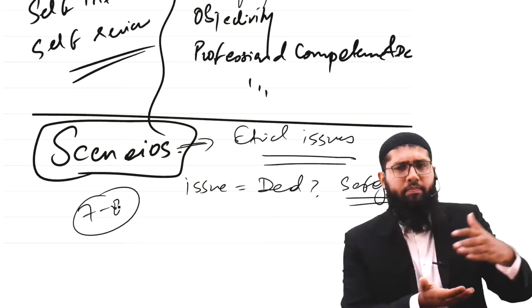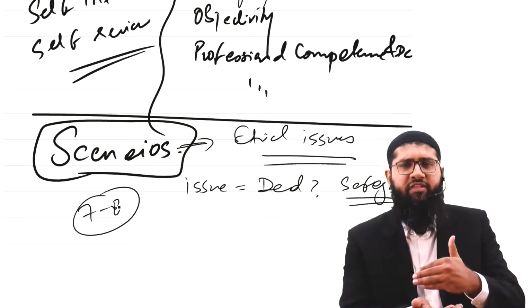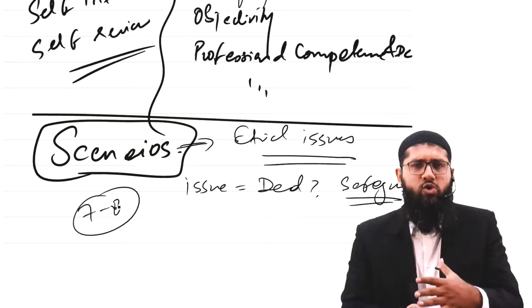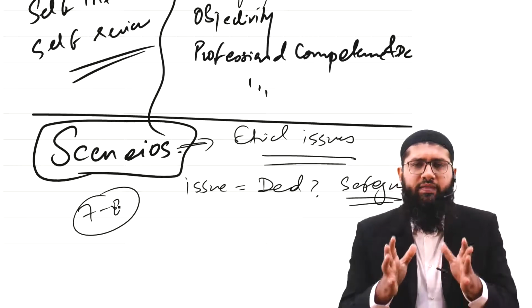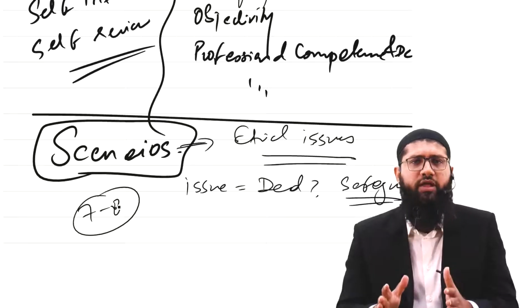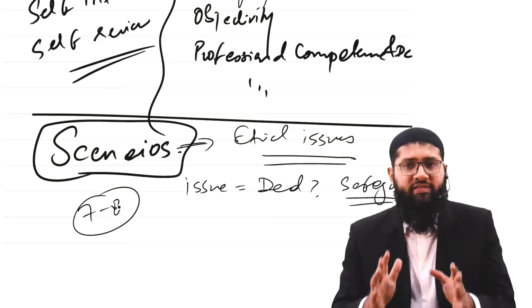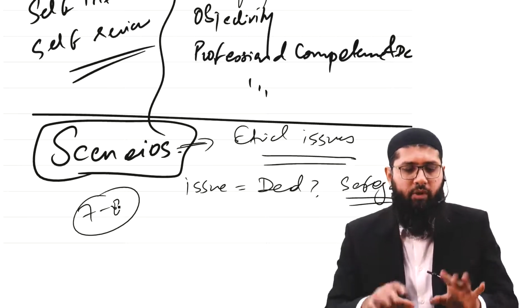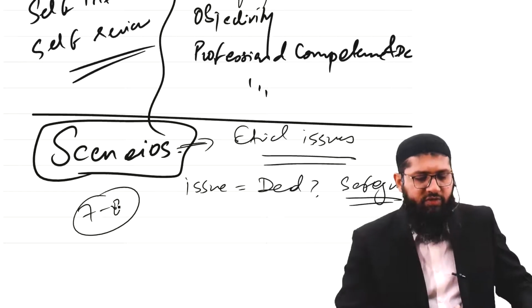I'll be going through some past examination questions, around 6 to 8 questions on ethics, and in those questions I will guide you on how ethics are actually dealt with in accounting scenarios. So you don't have to worry about it. We'll have real life exam practice about them. So that's the second thing, which is ethics.